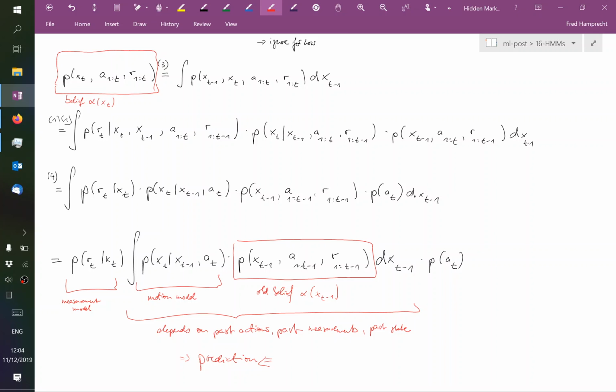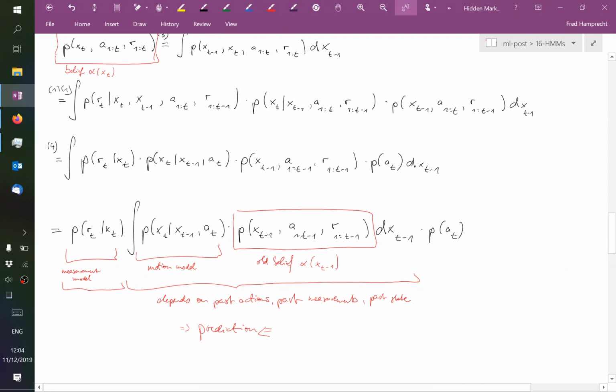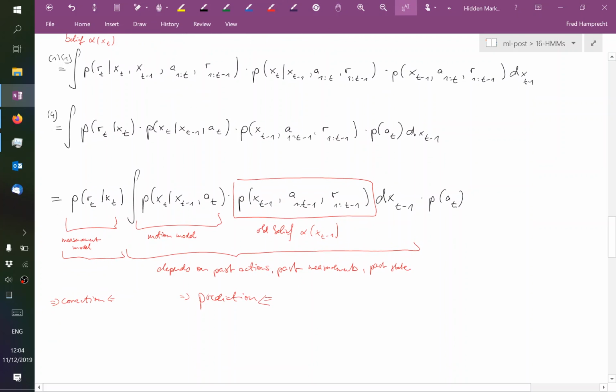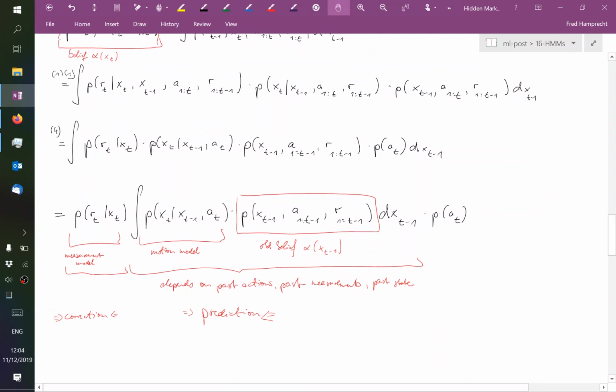But if, in addition, I do have a measurement, then I can now combine my prediction with this measurement model or with this likelihood. And in this literature and in Kalman filters, this would be called a correction step.